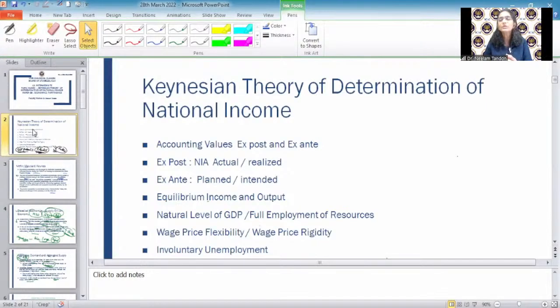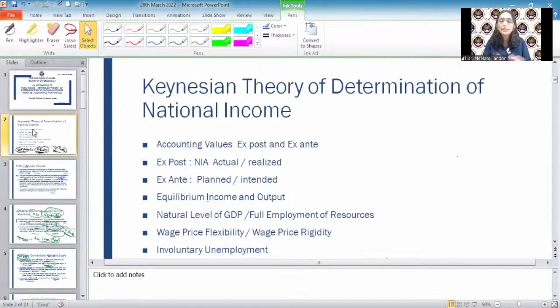According to that, corporate should go for investments. अगर consumption demand less है और corporate ने investment ज्यादा कर दिया, तो उस केस में क्या होगा? corporate की inventories बढ़ जाएंगी because consumption demand less है. inventories बढ़ने से क्या होगा? they have to stop production, production रोक देंगे. production रोकने से क्या होगा? employment कम हो जाएगा. employment कम होने से इनकम कम हो जाएगी, आउटपुट कम हो जाएगी.